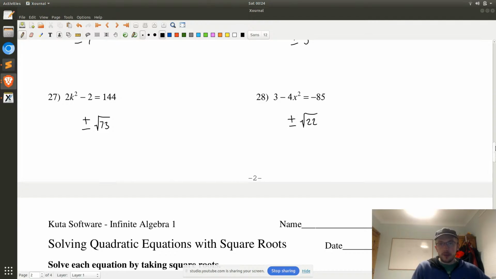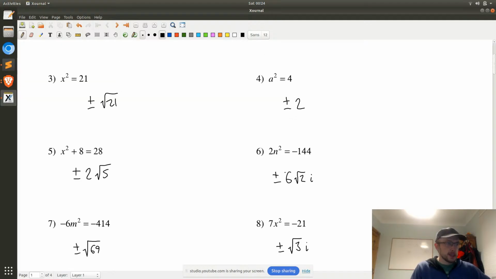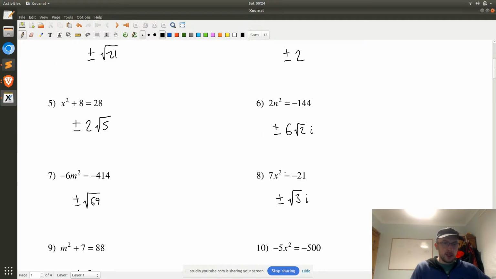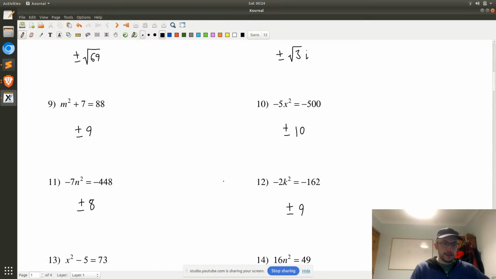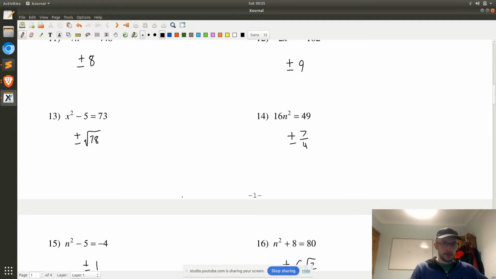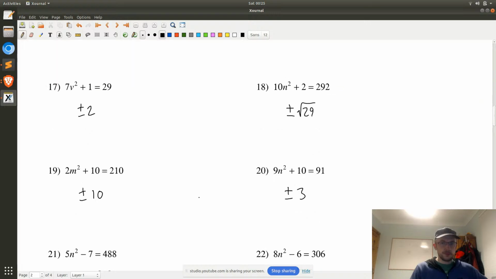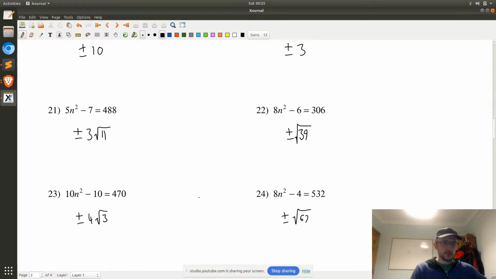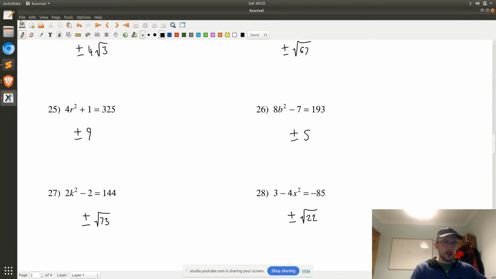And a bunch of approximations, but we're kind of out of that habit now of decimalizing. So for the ones that do have integer solutions, great.